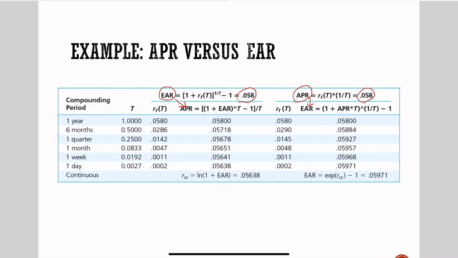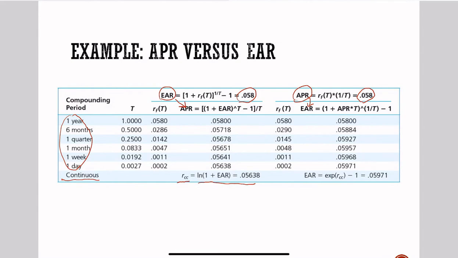Again, it's just about plugging in numbers. You can see that we have different t here: 1 year, 6 months, to 1 day. And if we do continuous compounding, that is, as t becomes smaller and smaller and approaches 0, then the APR is given by this formula. I won't talk too much about this because it's essentially about using the formula.